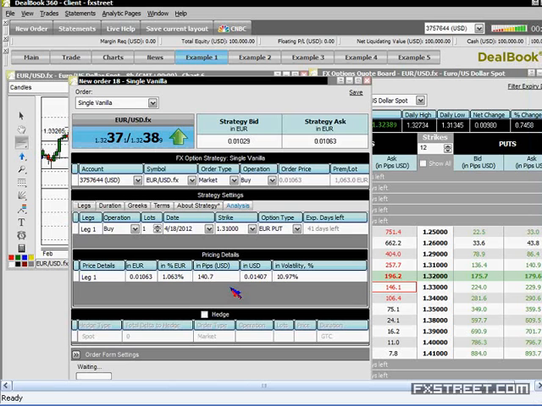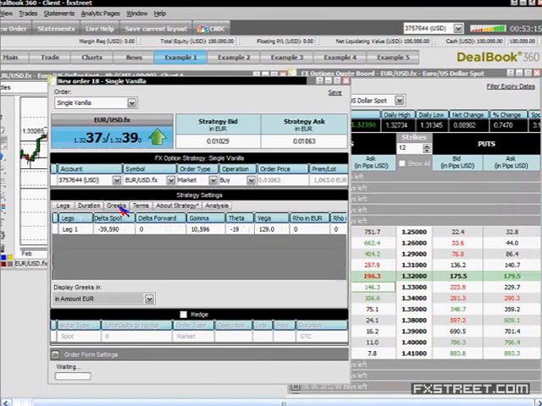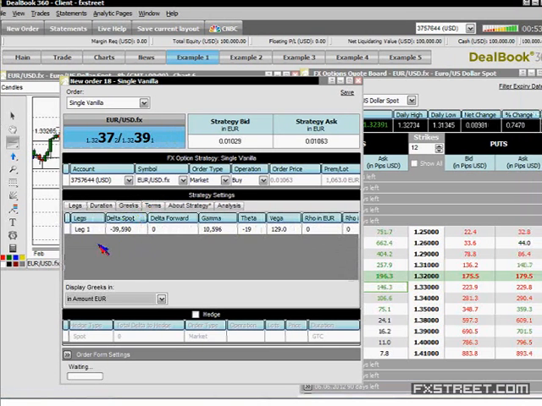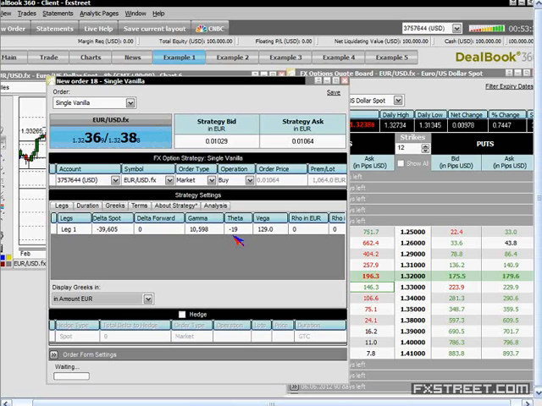So if we look at that put that we paid 100 pips for a couple weeks ago, on our order form here, we have this Greeks tab where we can see some of the risk profiles of what this option looks like. We can see that this thing loses about 20 euros a day as each day passes. And if we don't get the market movement that we need, we're just going to have this option decay on us, and eventually this thing can expire worthless.